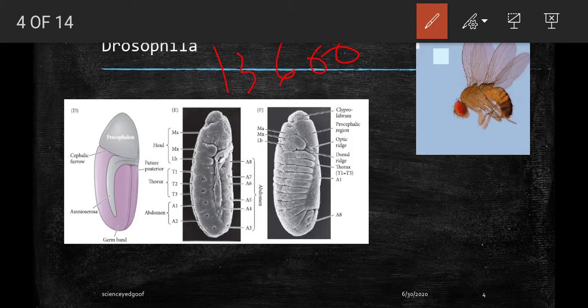Here you can see in the diagram, the larva has the anterior acron, then three thoracic regions, that is T1, T2 and T3, and then eight abdominal segments from A1 up to A8. Each of these segments has its own unique character, which gives an external cuticular structure as well as internal organization.